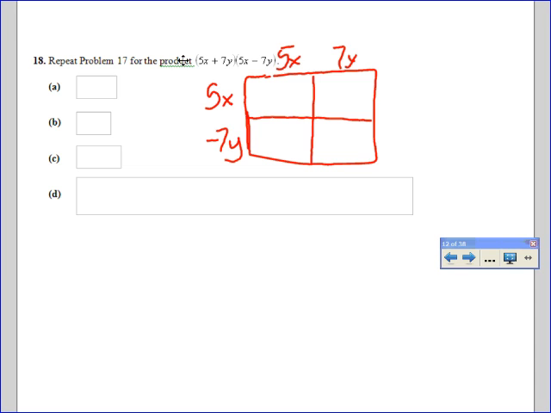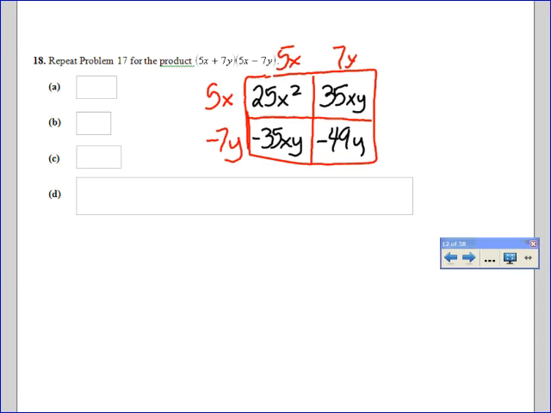Now when you multiply this, start again with the 5x and the 5x. That's going to give you 25x squared. Multiply 5 and 7, 35, and then xy. Multiply the 5 and negative 7, that's going to be a negative 35. And then 7 and negative 7 makes negative 49.